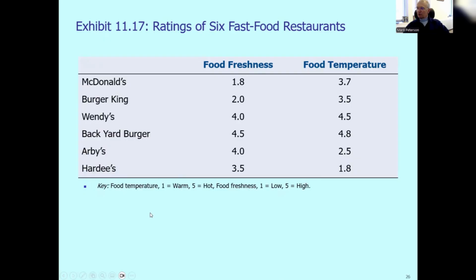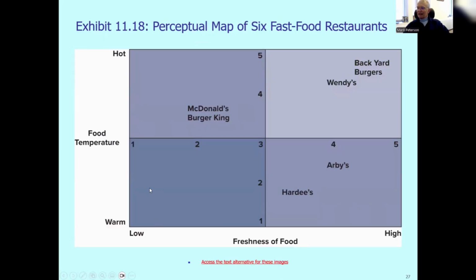When we plot these, food freshness is the dimension left to right, and McDonald's and Burger King come in just above 2. On food temperature, which is the y-axis, they fare a little bit better.